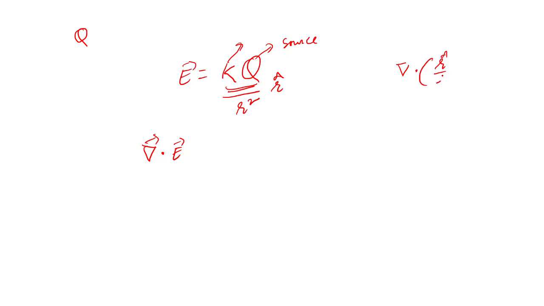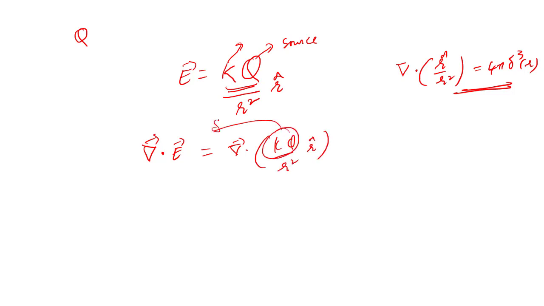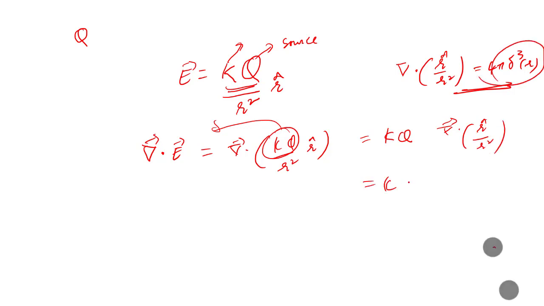We have seen this explicitly while discussing the Dirac delta function. So if I take the divergence of kq by r square r hat, I can pull kq out, and the divergence of r hat over r square, as we had seen, is 4 pi delta cube r.